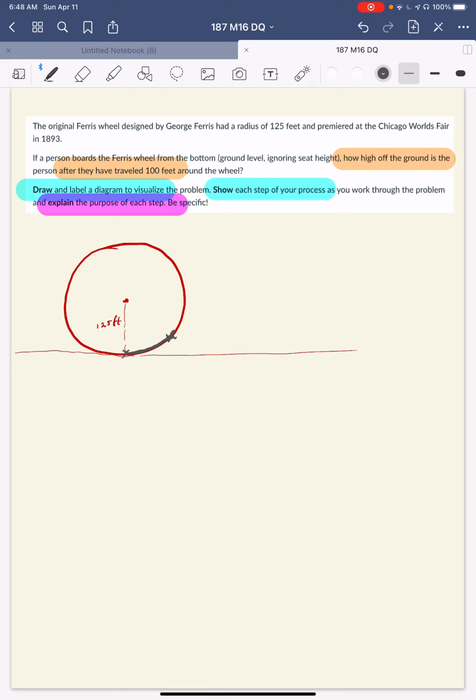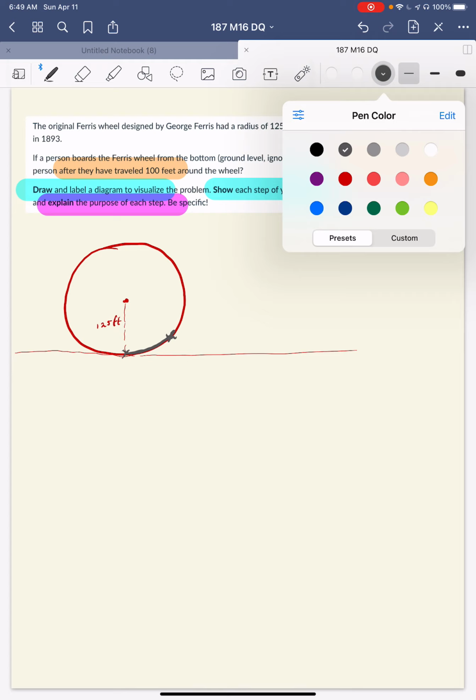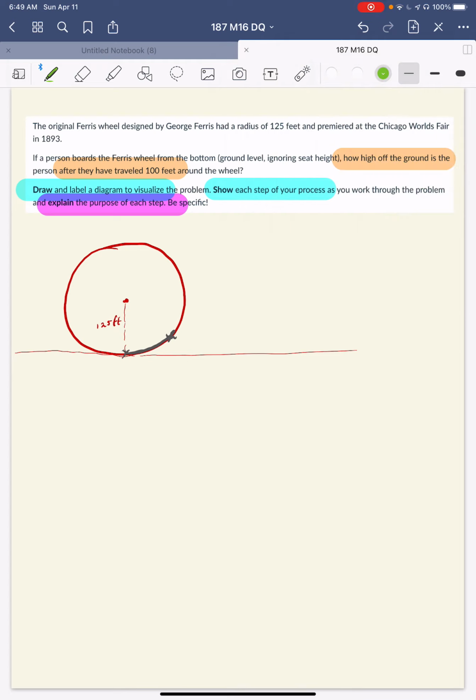And so the question is asking, how far off the ground is that person at that point? So right about here, I'm looking for this distance D, okay? Let me put it a little bit closer.